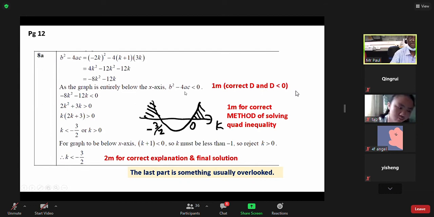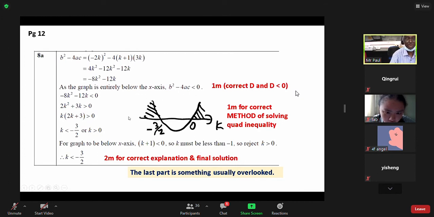And this is your method mark, because if it's hanging below, then your discriminant is less than 0. So this is where you get your first mark. But as long as we see this, even if this is wrong, and you put less than 0, you get your first mark. Then of course, you try to get rid of the minus sign by multiplying by -1, change the arrow. Then this one is where you draw this graph.